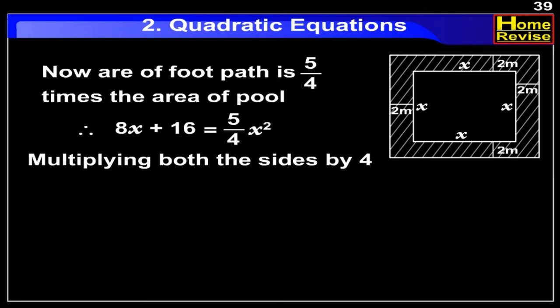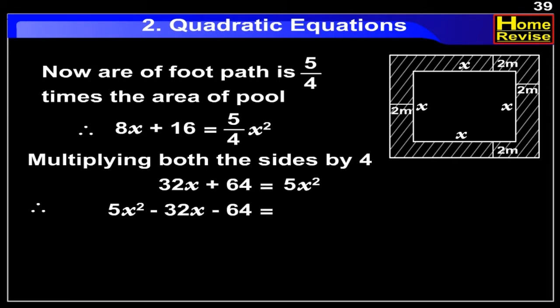Multiplying both the sides by 4, we get 32x plus 64 is equal to 5x square. Therefore, 5x square minus 32x minus 64 is equal to 0. Now, factorizing by splitting the middle term, we get 5x square minus 40x plus 8x minus 64 is equal to 0.